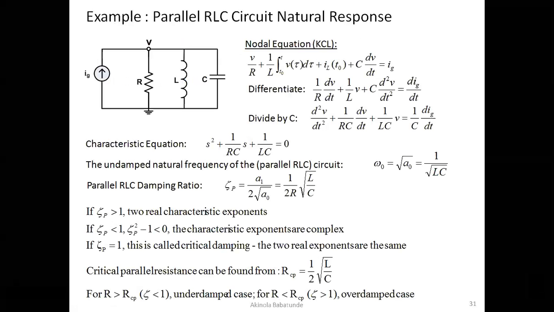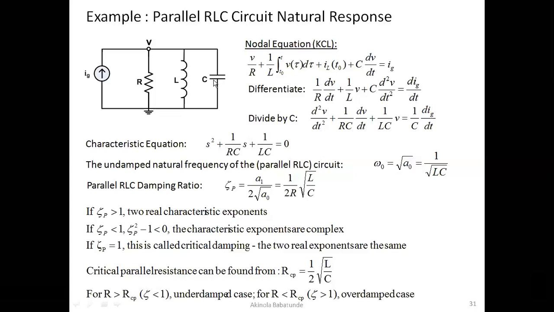And then how do we look at the parallel circuit natural response? If all the elements in the RLC circuit are connected in parallel, how do we deal with that kind of circuit? How do we analyze such a circuit?